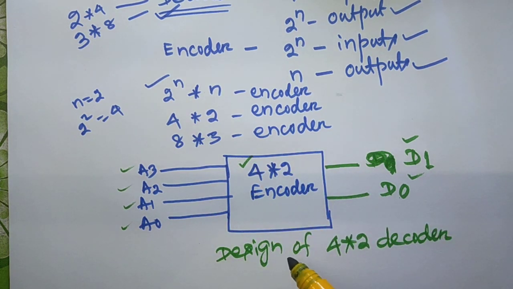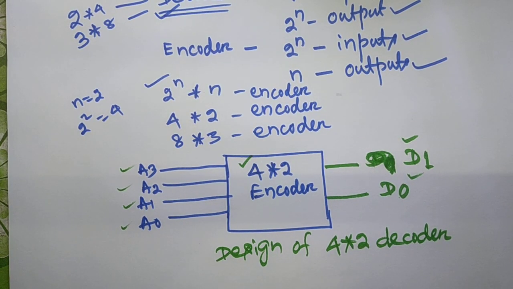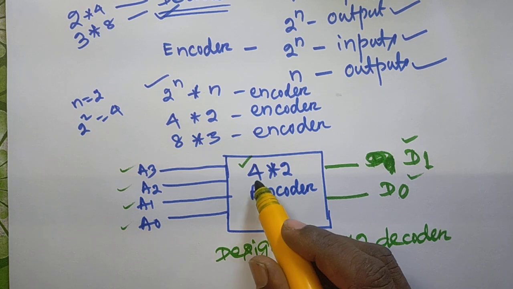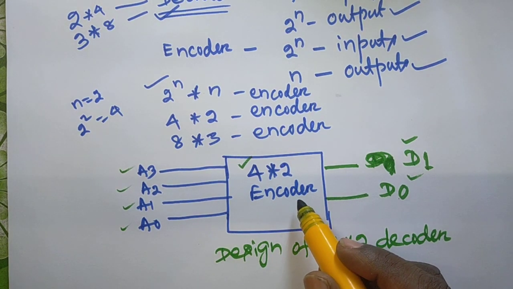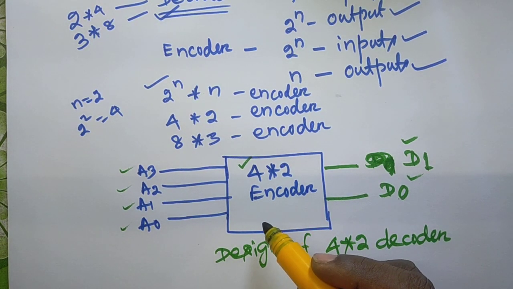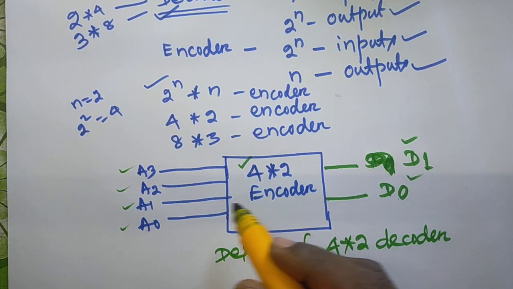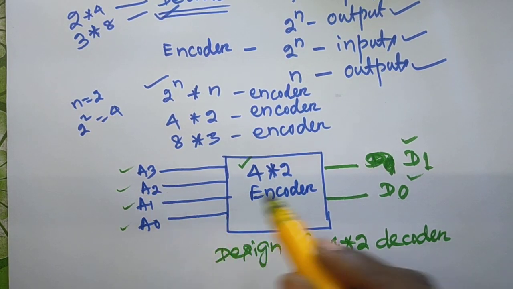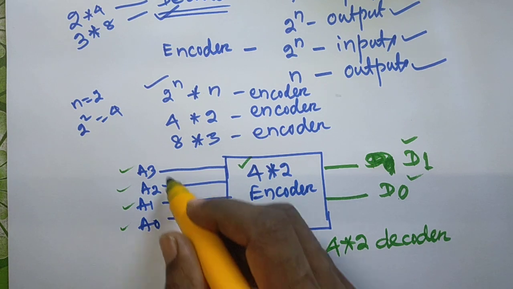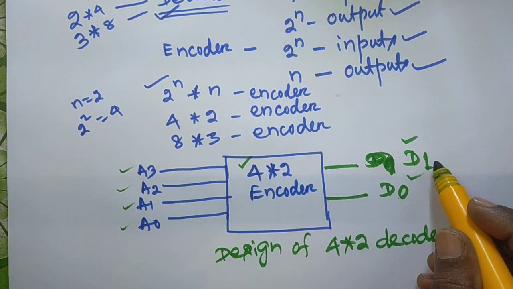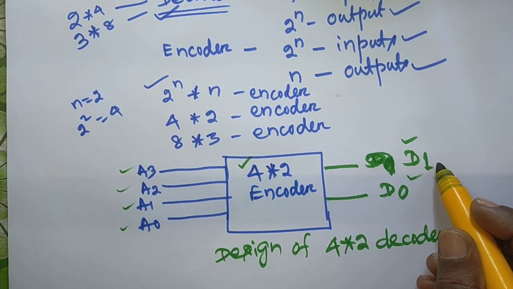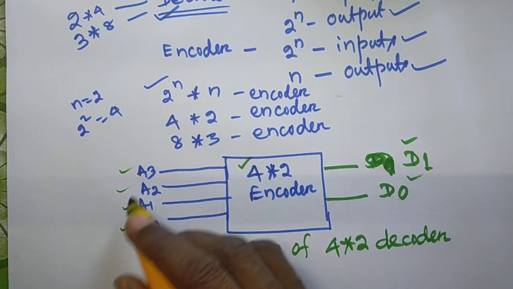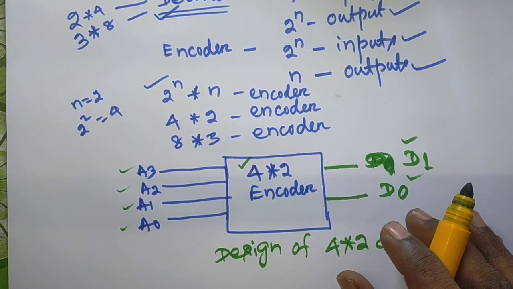But whenever we go through the truth table of this 4-2 encoder, we will see how to design or use those inputs, and how we get the 2 outputs. 4 inputs we will provide. Now how to get these 2 outputs? That we will see. This is the basic design, a very simple way we can design.